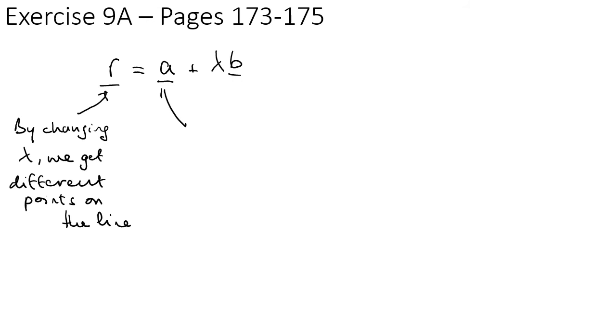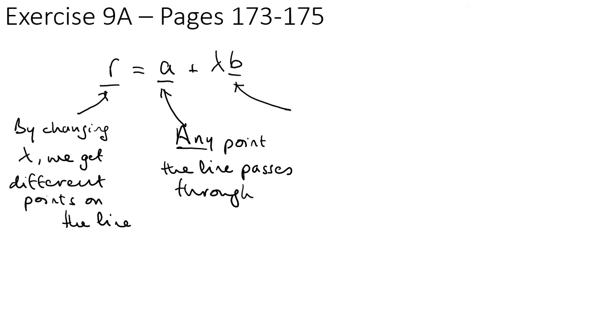A represents any point the line passes through. And B represents any vector parallel to the line.